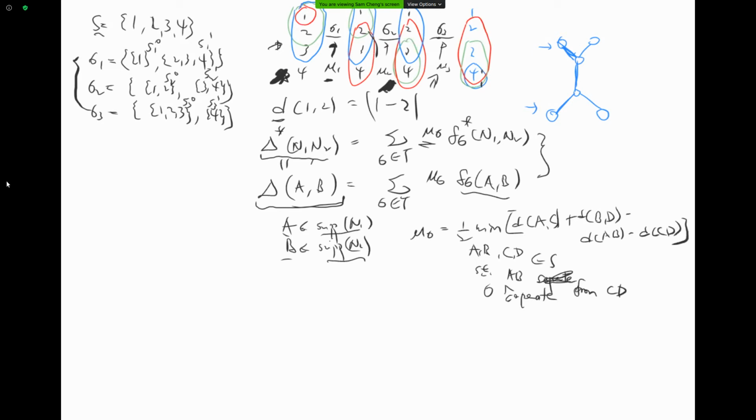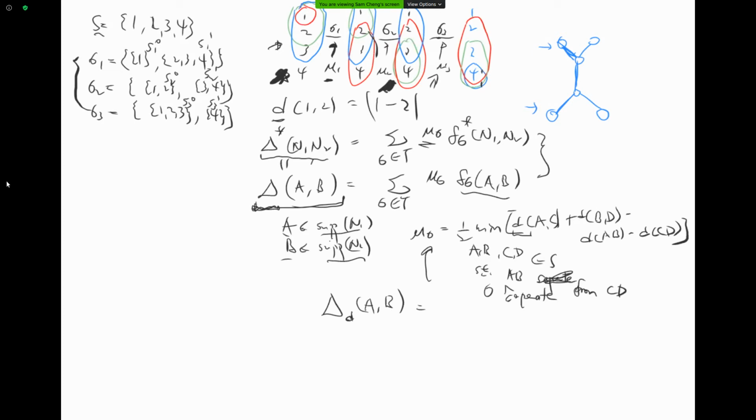If I define mu sigma as this, then of course my delta depends on how I define D. So it's probably better to use a subscript here to indicate that this metric delta is induced by D. So delta AB is equal to this mu sigma basically.